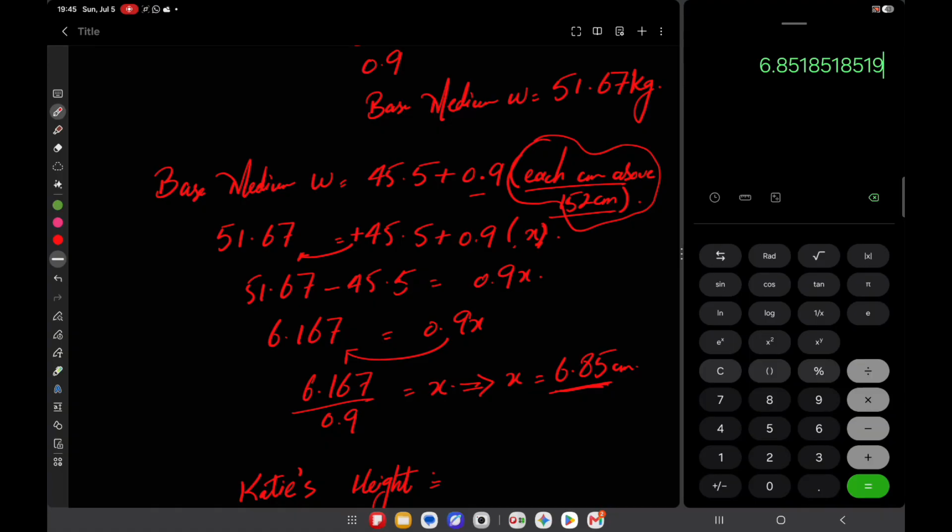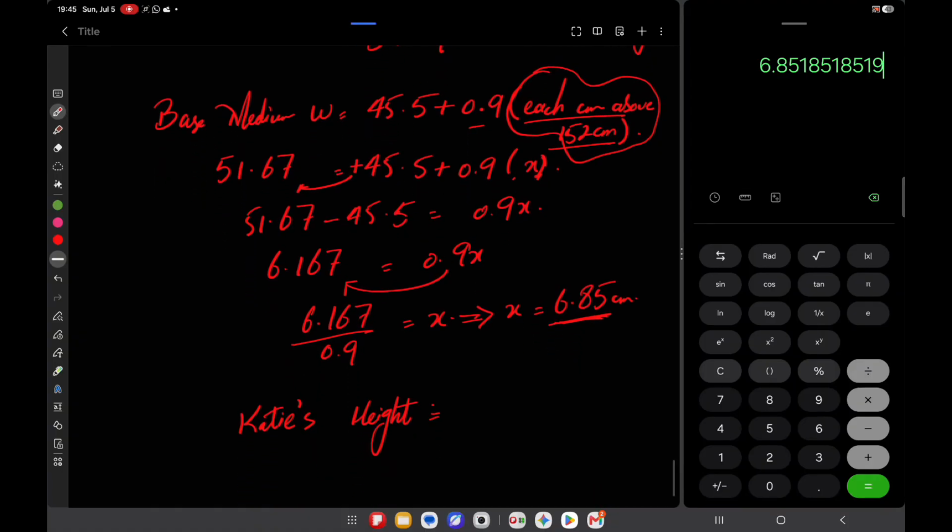So Katy is 6.85 centimeters above 152. So Katy's height will be equal to 152 plus 6.85, and the answer is 158.85, that is almost equal to 159 centimeters, and this is the correct answer.